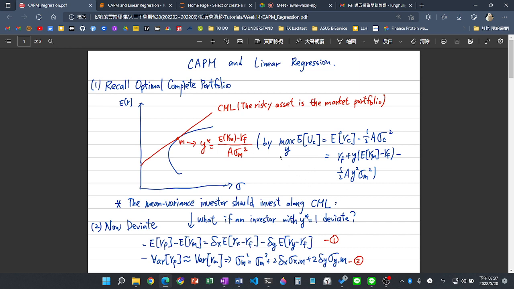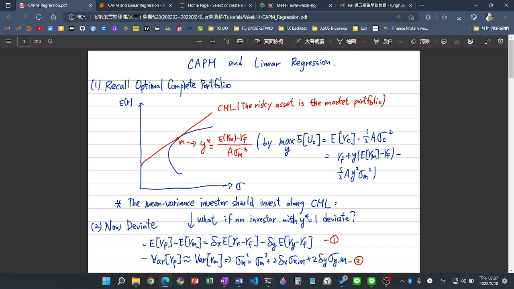So if we look at the expression here, we are essentially trying to maximize the expected utility of an investor, right? If we take the first derivative with respect to y, then we get this y star.